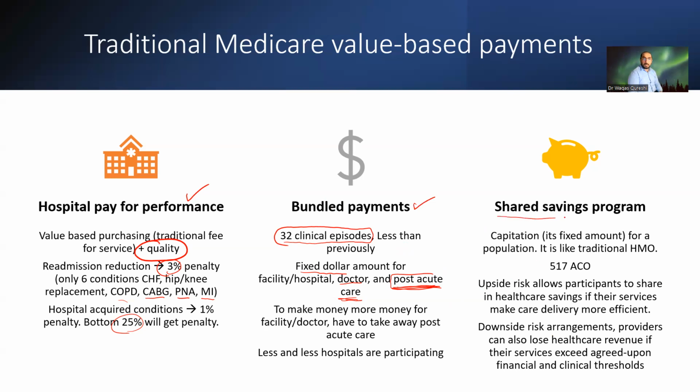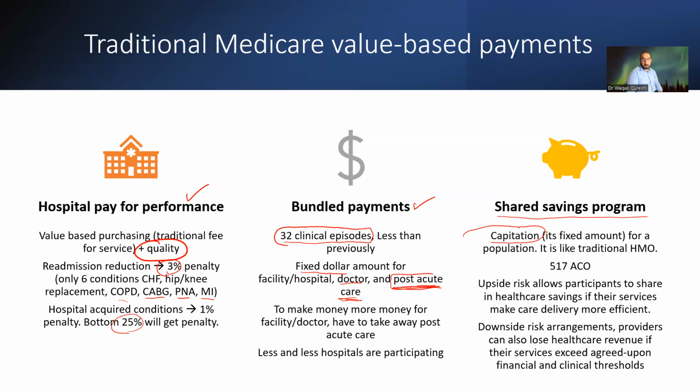And then there's the shared savings program. This is kind of a capitation model, which means there's a fixed amount that is given for a particular population. For example, for end-stage renal disease, you just get a fixed amount for that population. It is like a traditional HMO, where an HMO would give a doctor a specific amount of money to take care of, let's say, 100 patients from that insurance company.